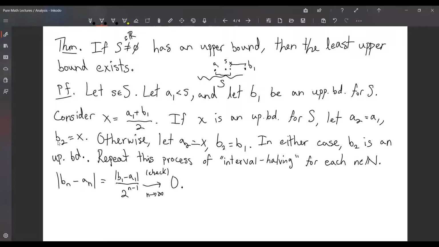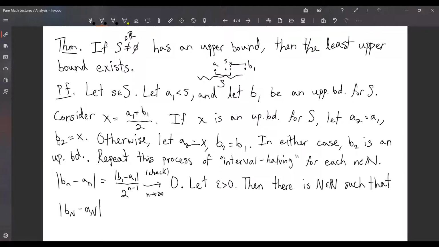then we're going to use the definition. We're going to break this limit into a definition. So let epsilon be greater than 0. Then there is some natural number N such that the distance between b sub N and a sub N is less than epsilon.